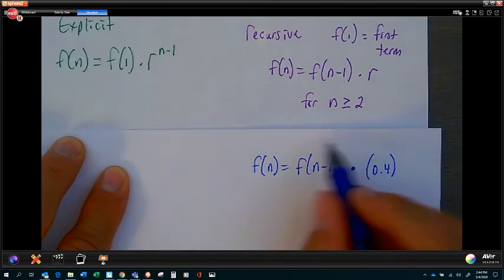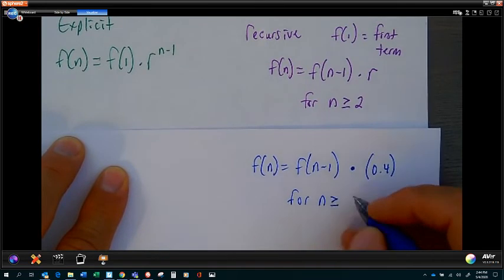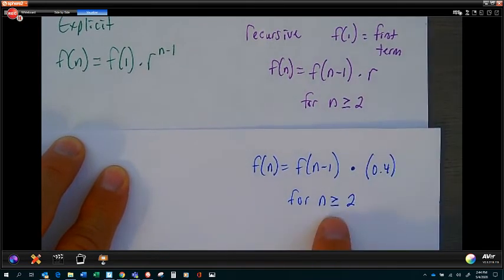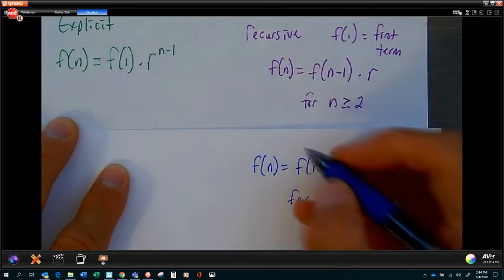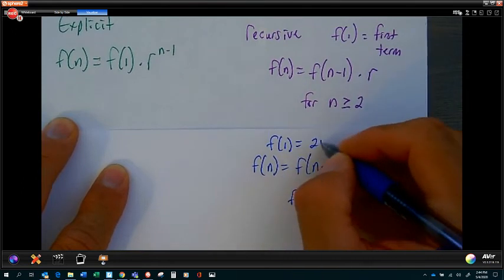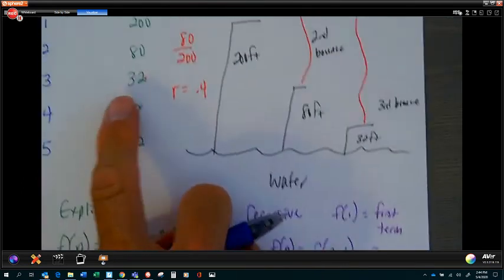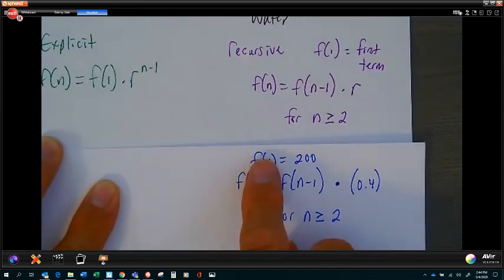And then we just copy the rest of the formula for any term greater than or equal to 2. We write this for a recursive formula because they have to give you the f of 1. So we have to know what our f of 1 is. And we know that our first term is 200.